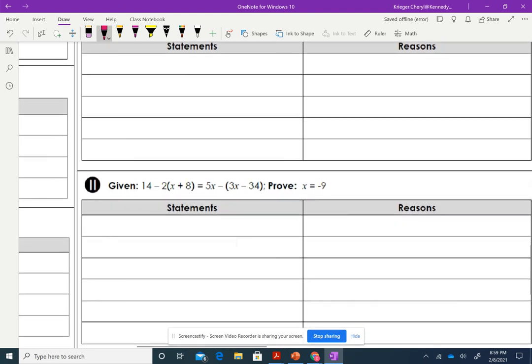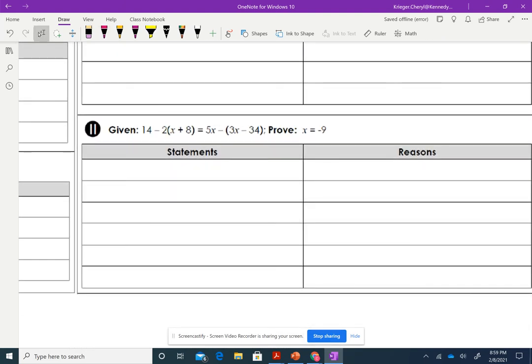All right. Our final one, 14 minus 2 times quantity x plus 8 equals 5x minus this quantity 3x minus 34. Given.